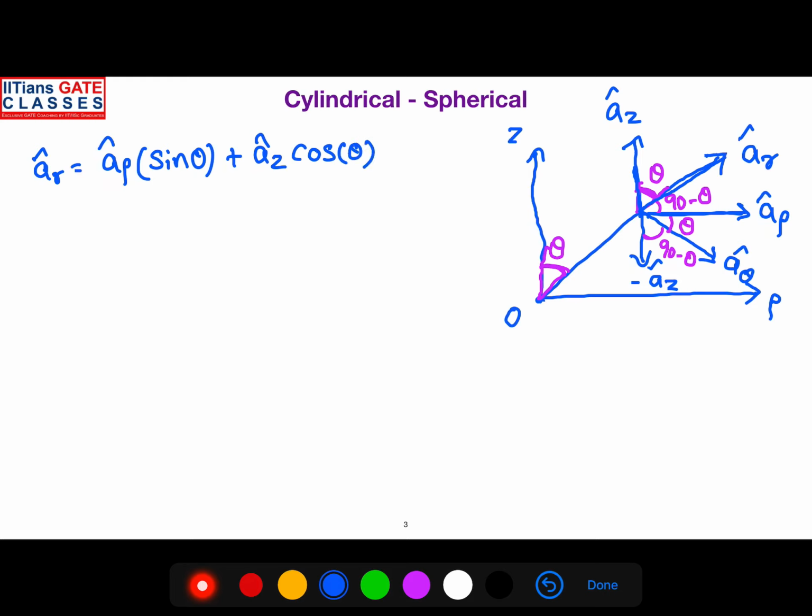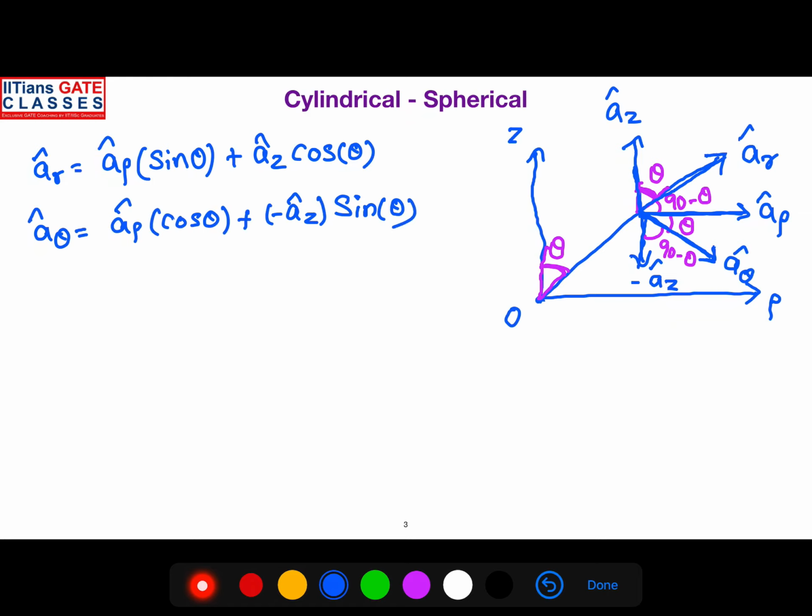So this is your first equation. Similarly, a theta can be resolved into a rho as well as negative az. So a theta can be written as a rho into cos theta plus minus az into cos of 90 minus theta, so that is sin theta.